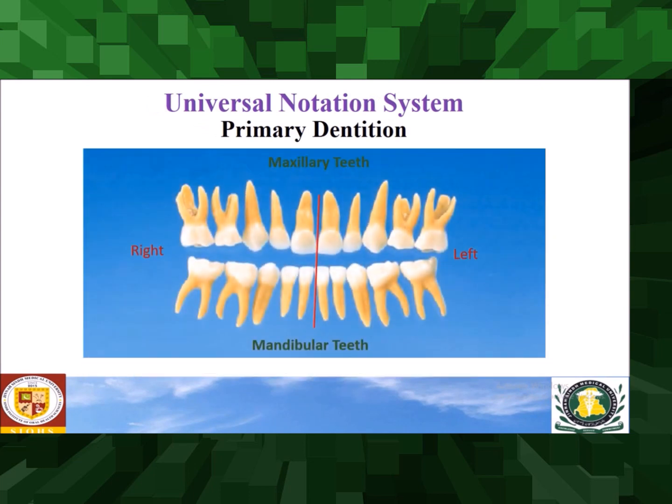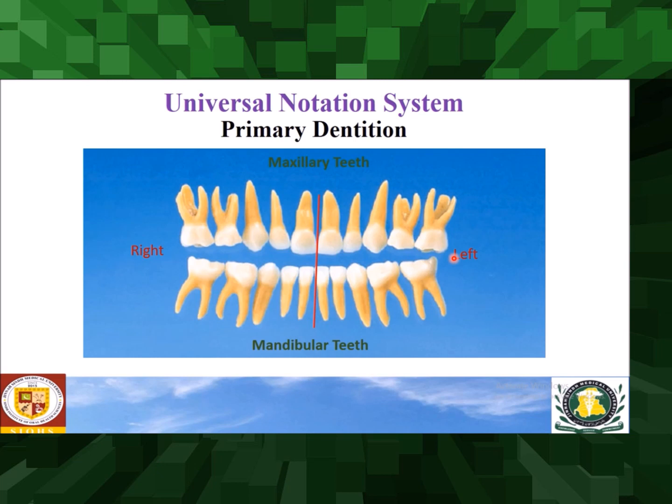Now we will do some exercises of the universal notation system for the primary or the deciduous dentition. So this is a complete picture of a deciduous or primary dentition. These are the maxillary teeth, these are the mandibular teeth. There will be 10 teeth in a complete primary dentition in the upper arch and 10 teeth in the lower arch. This red line indicates the midline, this is the right side and this is the left side.